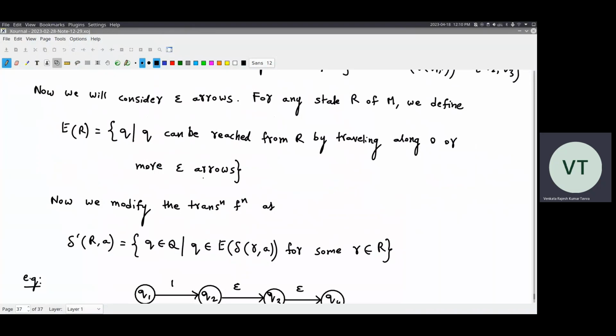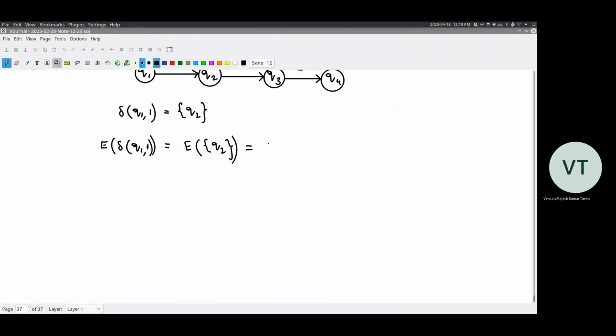It can be 2, 3, 5, 10, 100, whatever they are, 0 or more epsilon arrows. Since 0 is also included, that particular state will also be included. So the state itself plus any states which it can reach using one or more epsilon arrows, all of those will also be included. All right. So this will be Q2, Q3, Q4.